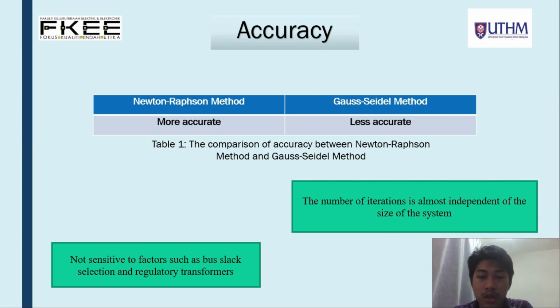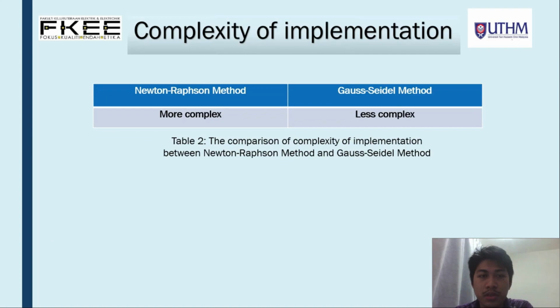Also, the number of iterations the Newton-Raphson method requires is almost independent of the size of the system, making it more accurate in simulations.